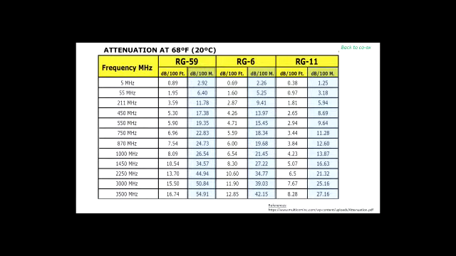If you lower that signal 3 dB, you are cutting the power of the signal in half. So if you have a 100-watt signal, you raise it 3 dB, you're going to have 200 watts. If you raise 200 watts 3 dB, you're going to have 400 watts, and so on. That's just to give you some understanding of decibel loss, okay?